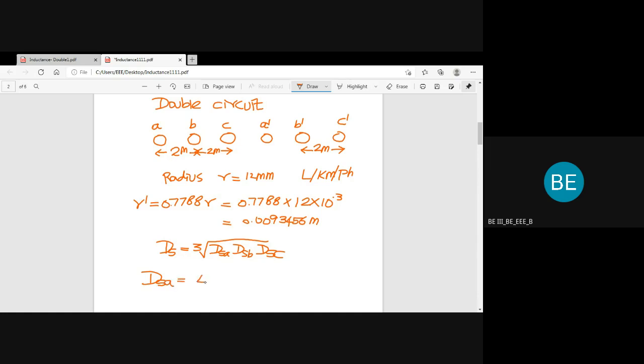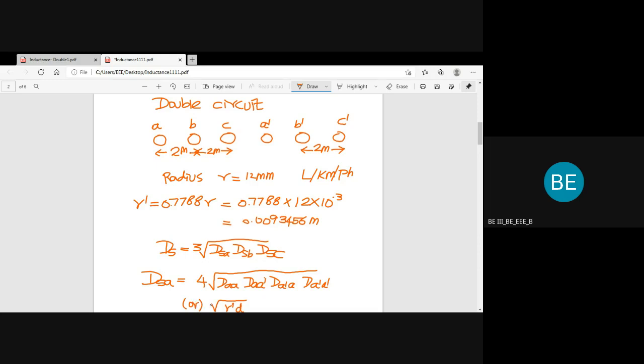One will be the fourth root of D_AA, D_AA dash, D_A dash A, then D_A dash A dash, or we can write the square root of r dash D. So both formulas are the same.